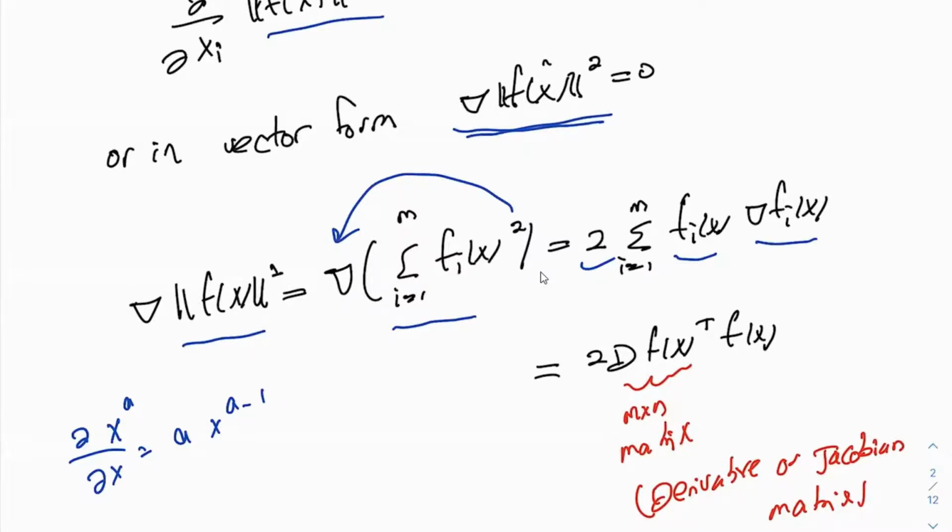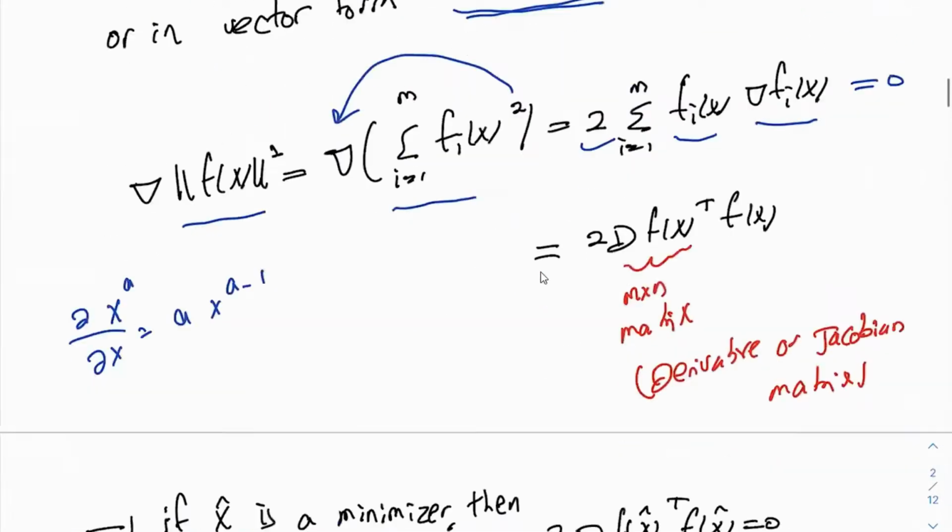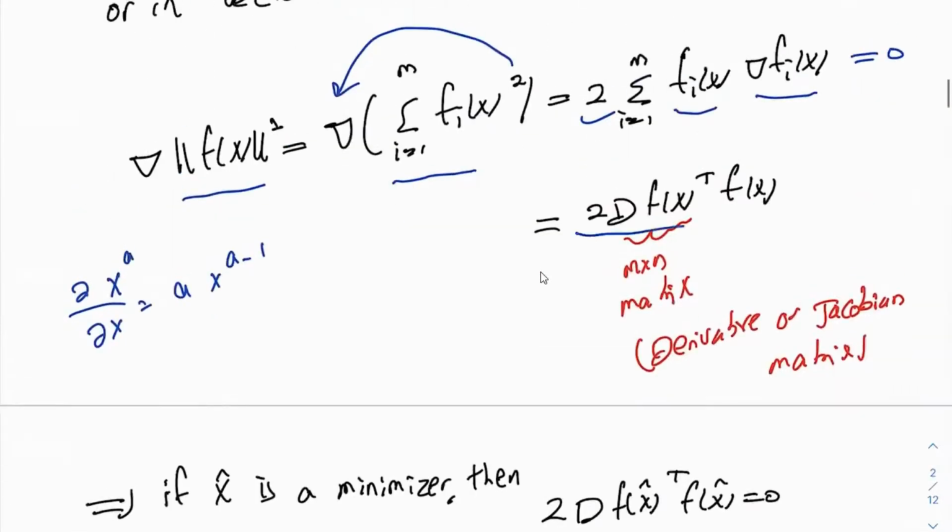Okay, good. So now if you want this one to be equal to 0, right? But if you put them in a vector and matrix notation, you can write this quantity as 2 Df of x transpose times f of x. What is D?